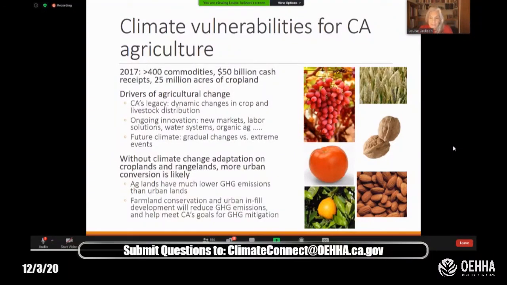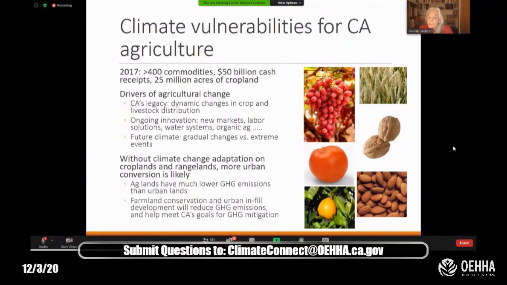We've heard so much so far in this conference. But what I do want to say is that there's another implication besides just food production and environmental quality in agriculture, and that's that if we don't see climate change adaptation on cropland and rangeland, we're going to see more urban conversion, as was already mentioned by David Ackerley.